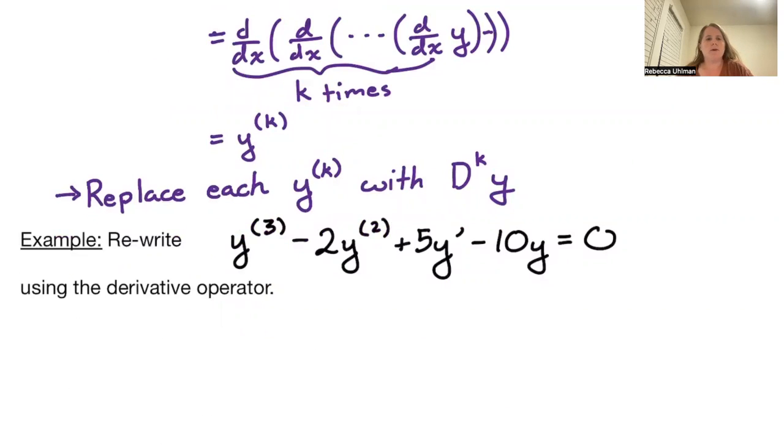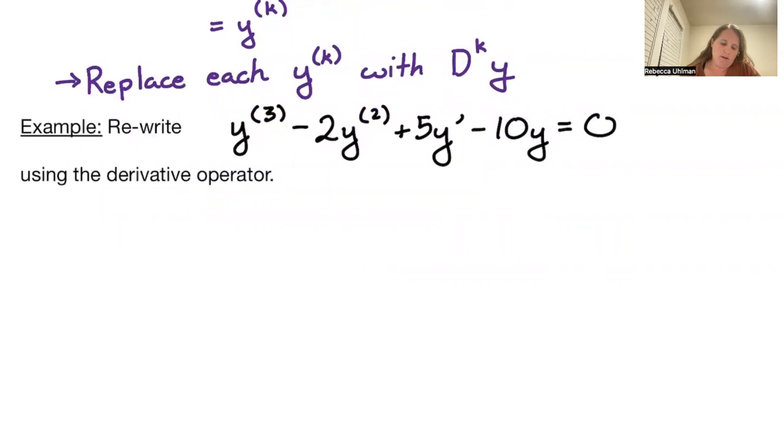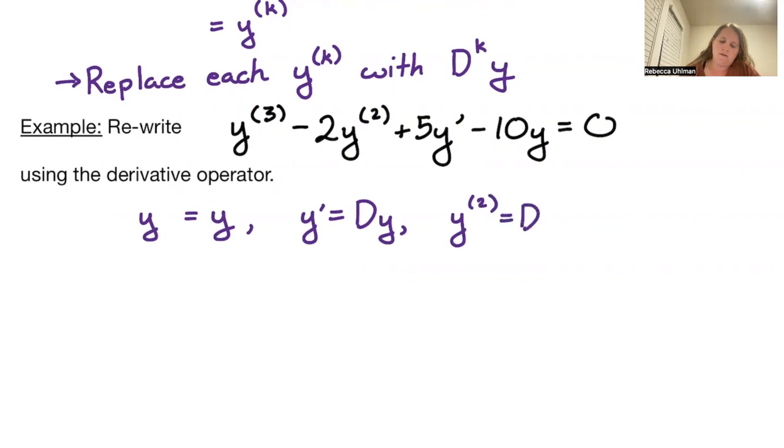So for example, let's go ahead and rewrite the differential equation, the third derivative of y minus 2 times the second derivative of y plus 5y prime minus 10y equals 0, using the derivative operator. Again, y is just y, y prime is Dy, the second derivative is D squared y, and that third derivative is D cubed y.